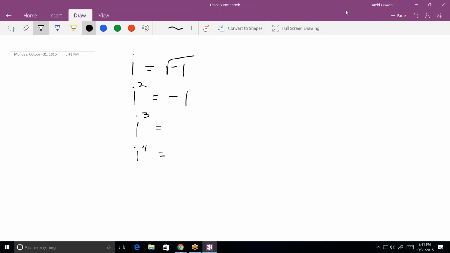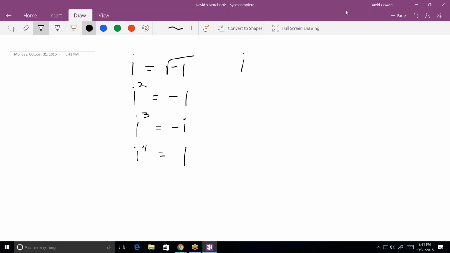I cubed is going to be I squared times I, right? So it'd be negative I. And then I to the 4th, think of as I squared times I squared. So positive 1.